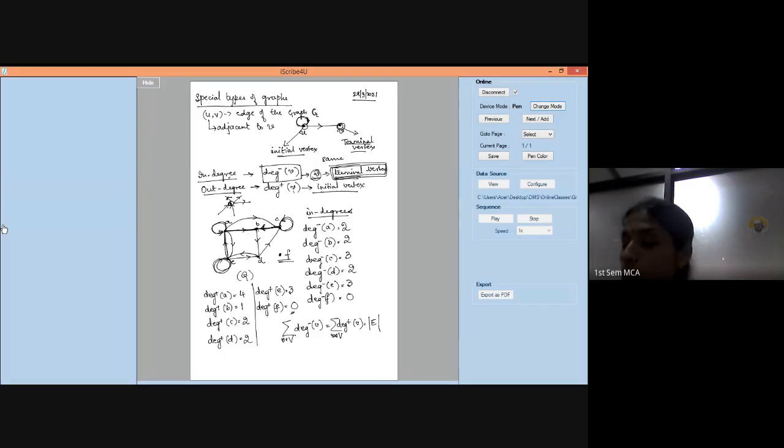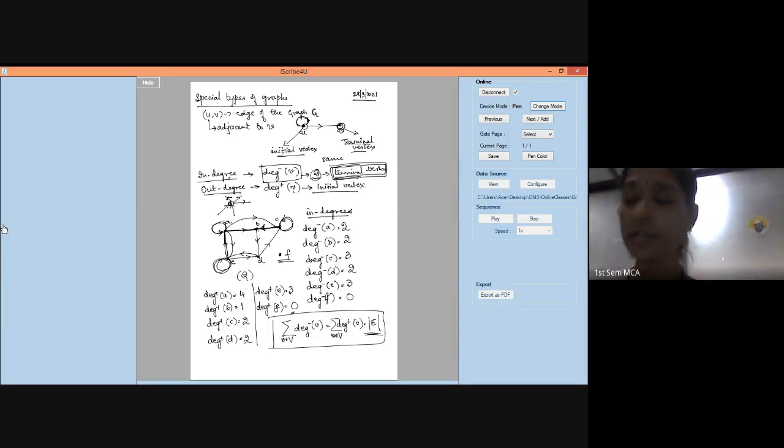This is an important formula you will have to remember. Shall we proceed? Any doubts?